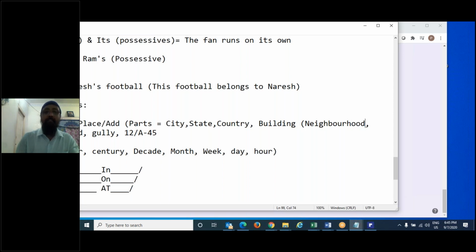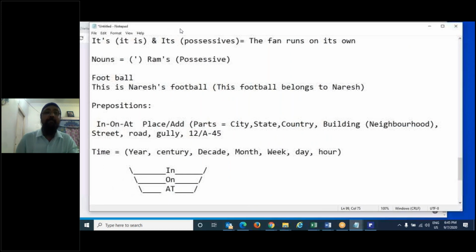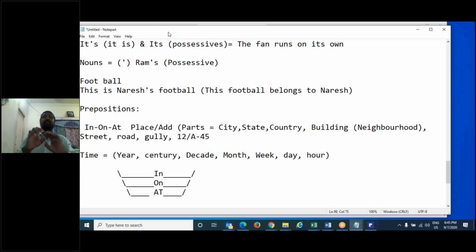So these all occupy larger place. So whenever we are talking about these parts of an address, then we'll use in: in Hyderabad, in Nellore, in Guntur, in Visakhapatnam, in Andhra Pradesh, in India, in my colony, in the next building. Because these places cover a longer place, that's when we use in.